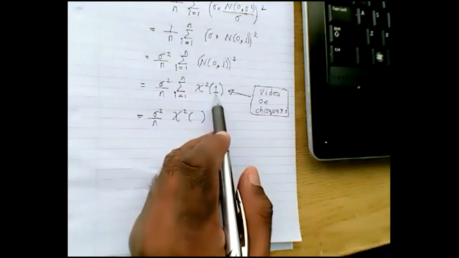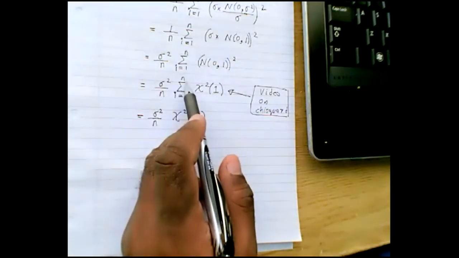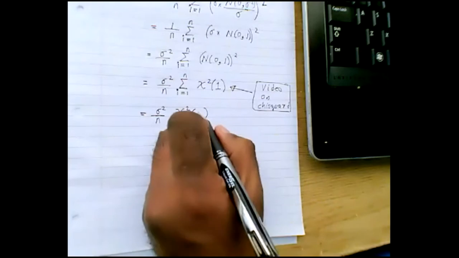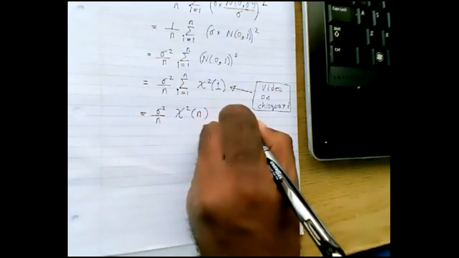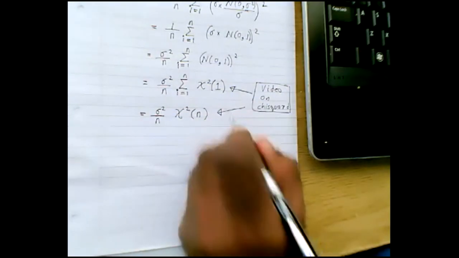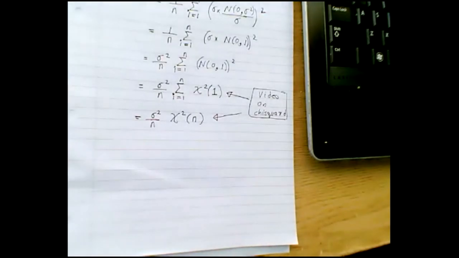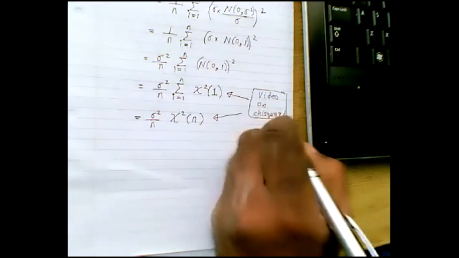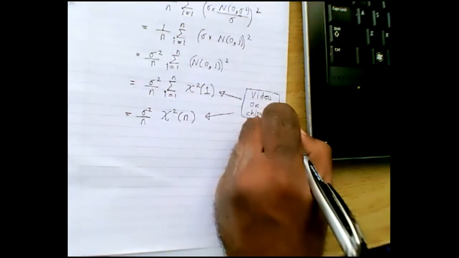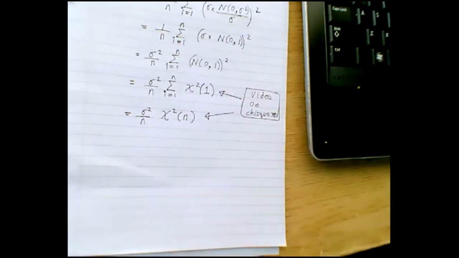So you have 1 repeated n times, so the sum is n. Both these properties follow from the video on the chi-squared distribution. So if you don't remember them, please have a look at this video one more time.